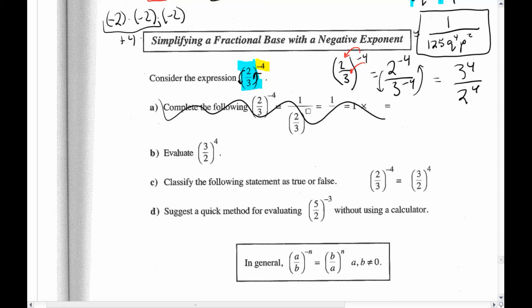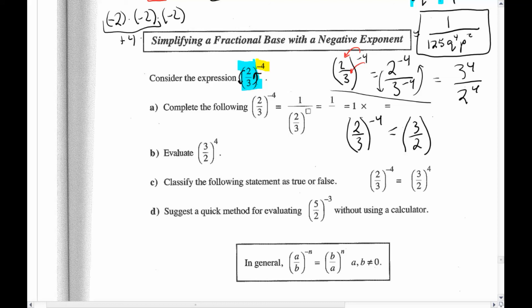So what you can do, instead of doing all of these steps, is if you see that same question, 2 over 3 to the power of negative 4, you can just flip everything inside the brackets. So now 3's on top, 2's on the bottom, and make that exponent positive 4. It's the same thing, and that's what they've got written right there.